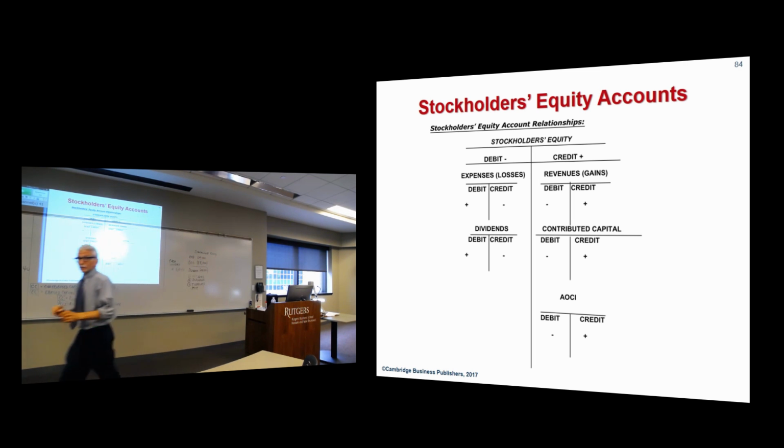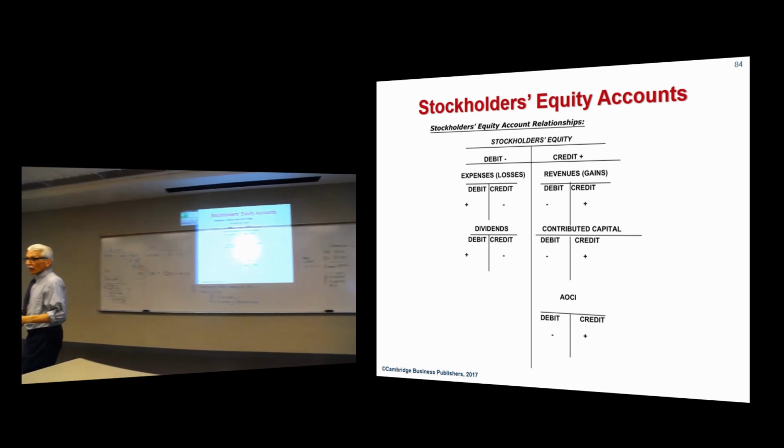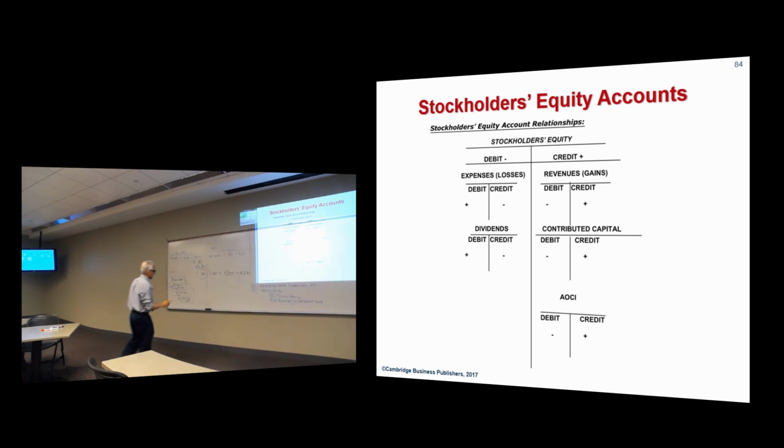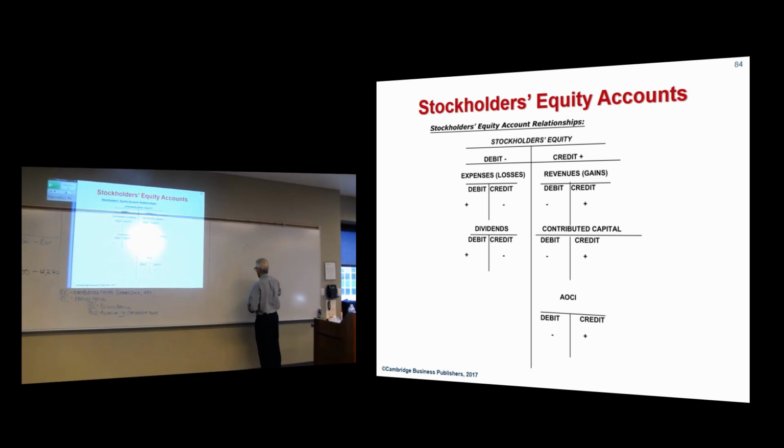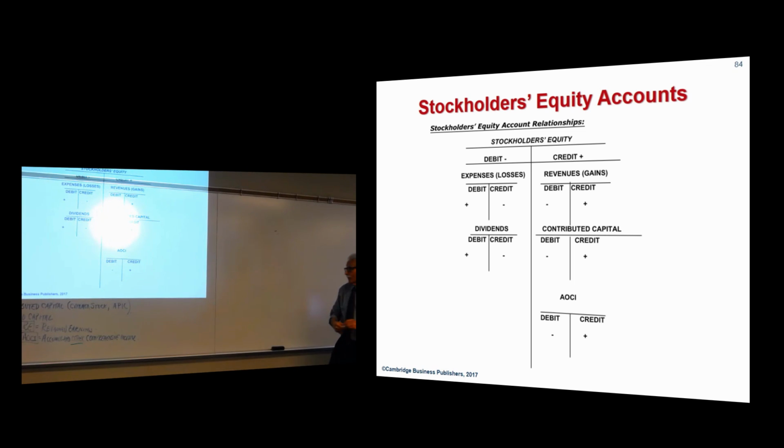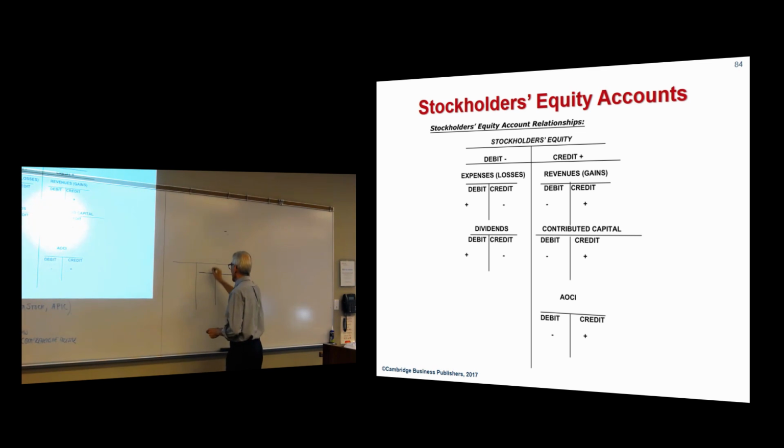Can you explain one more time why there's no T account for retained earnings? Yeah, because we would have to do this separately. In here, I would have to show you the retained earnings account, and in the retained earnings account, this is stockholders' equity.